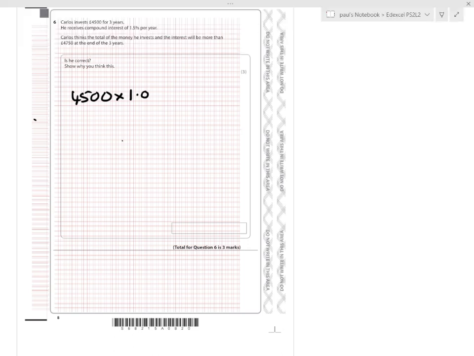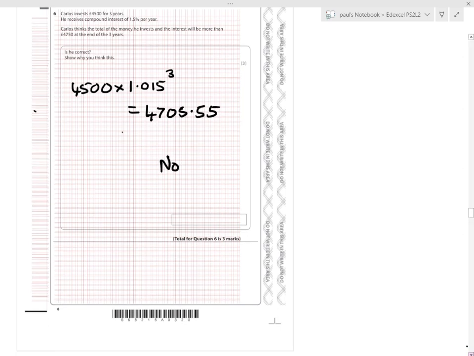Times 1.015 to the power of 3. And that gives 4705.55. No, he's not got enough. Not enough. No good.